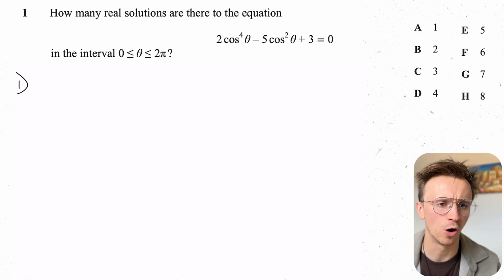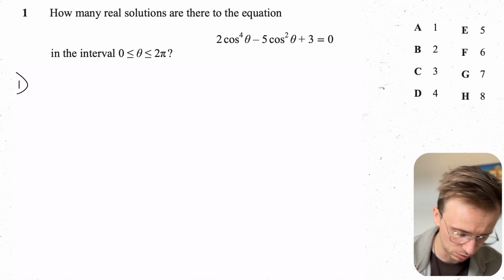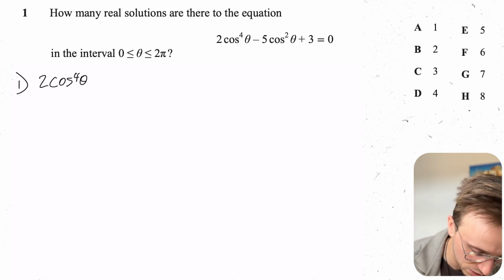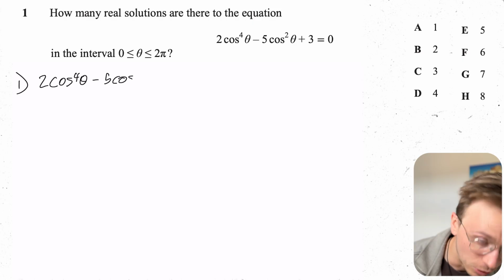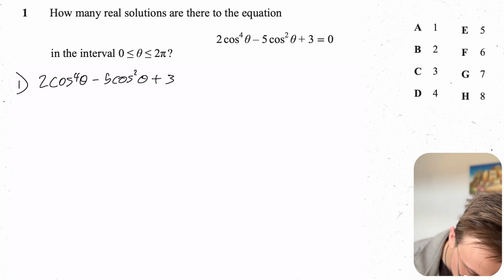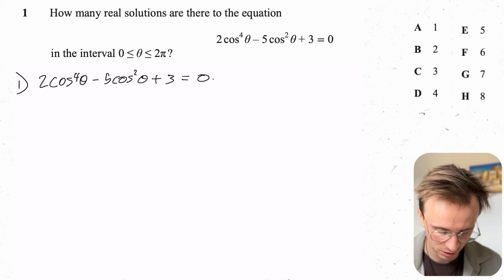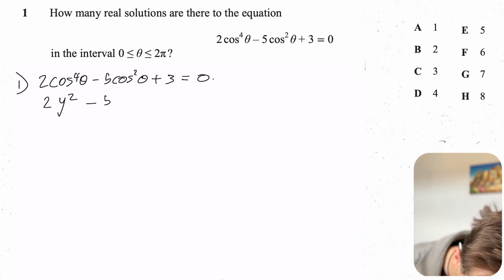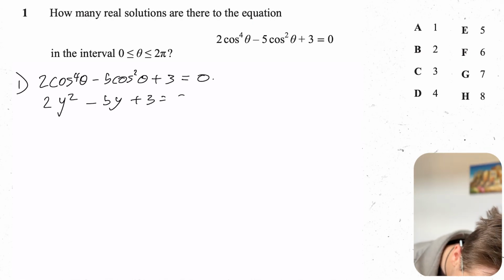So let's get started. Okay, so we've got 2 cos to the power 4 theta minus 5 cos squared theta plus 3 equals 0. This immediately looks like a hidden quadratic. So that's 2y squared minus 5y plus 3 equals 0.